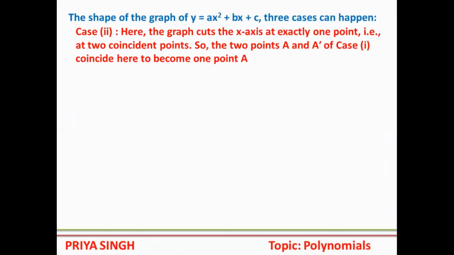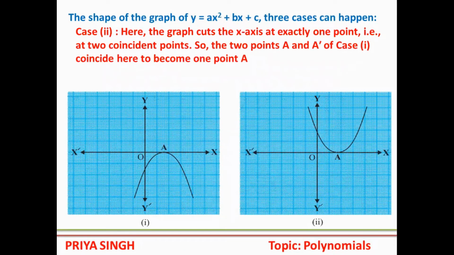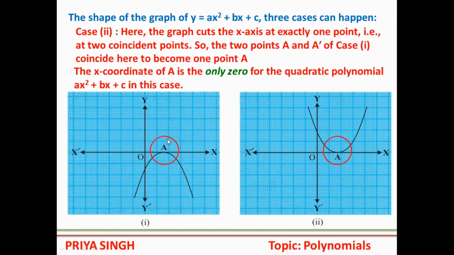Now let us see the second case. In the second case, my intersection point is at only 1 point. But how does it happen? Let us read this. The graph cuts the x-axis at exactly 1 point, that is at 2 coincident points. 2 coincident points means A and A dash are lying at the same point to become one single point, that is A. Since it is intersecting the x-axis at 1 point, the number of zeros will be only 1.